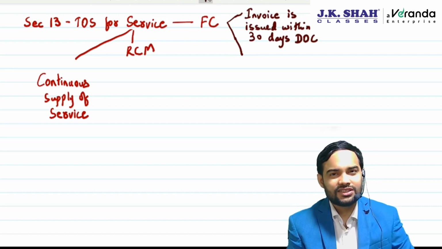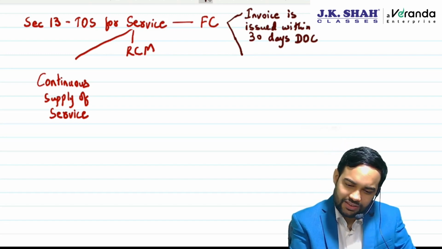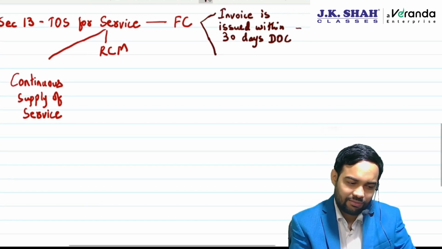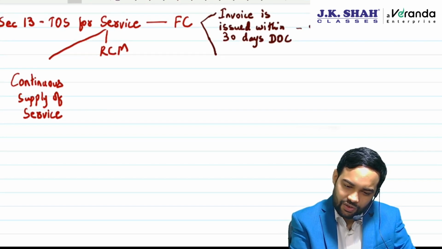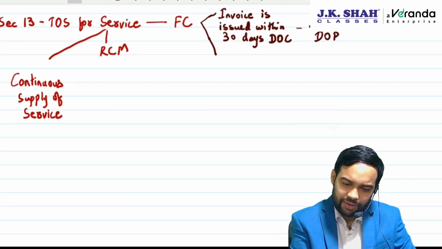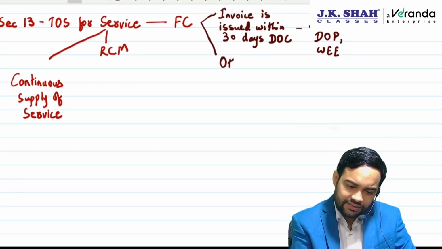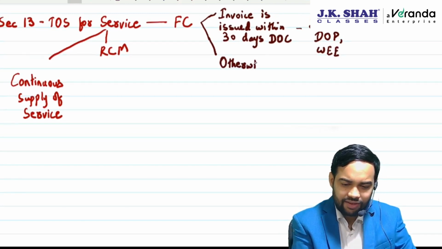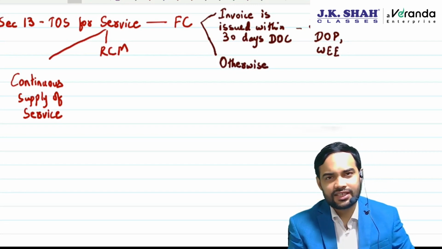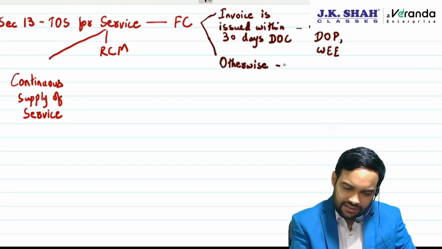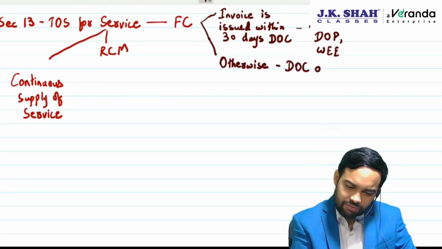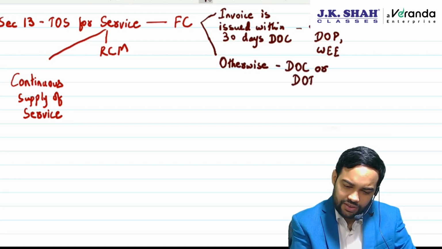So if the invoice is issued within 30 days of completion, then the time of supply will be date of invoice or receipt of payment, whichever is earlier. Otherwise, meaning when it is issued after 30 days from date of completion, then the law says date of completion or date of payment, whichever is earlier.